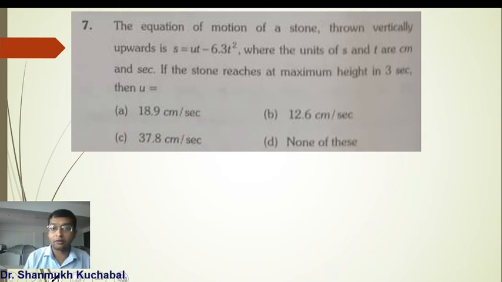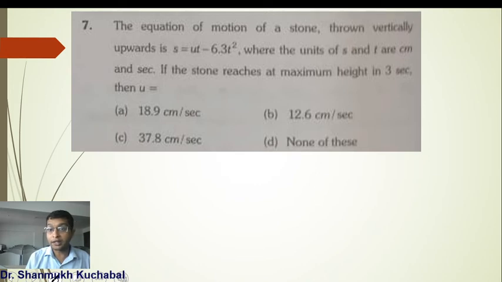The equation of motion of a stone thrown vertically upwards is given by the equation s equal to ut minus 6.3 t square, where the units of s and t are centimeter and second.